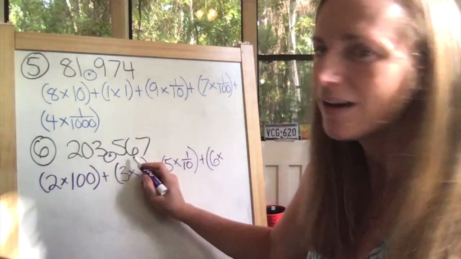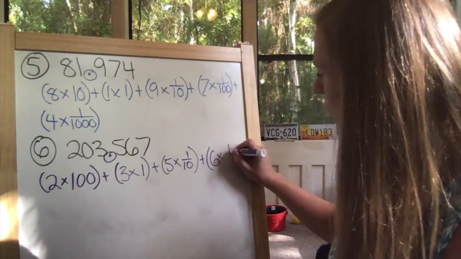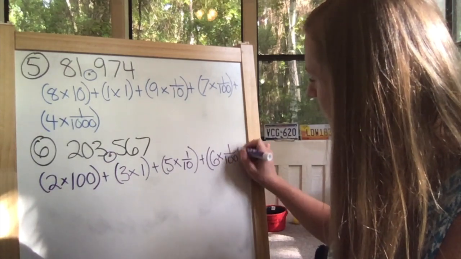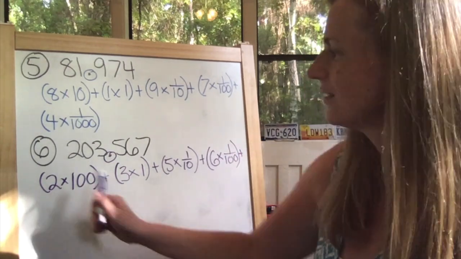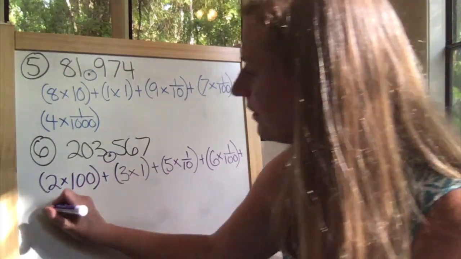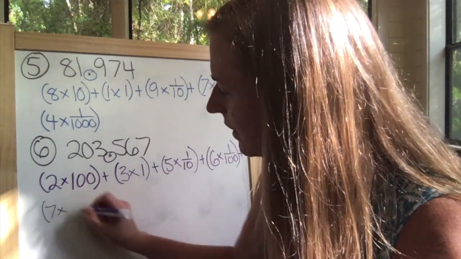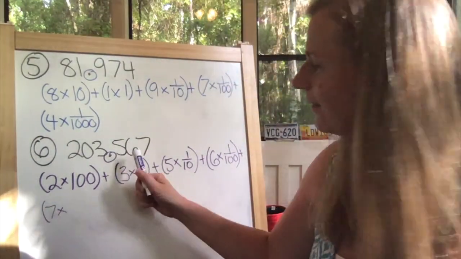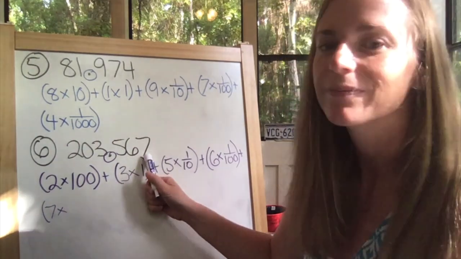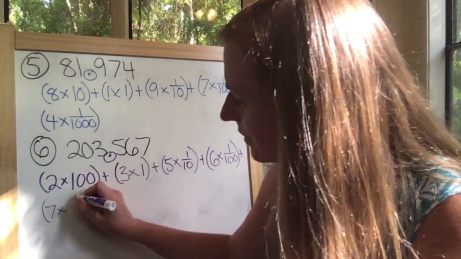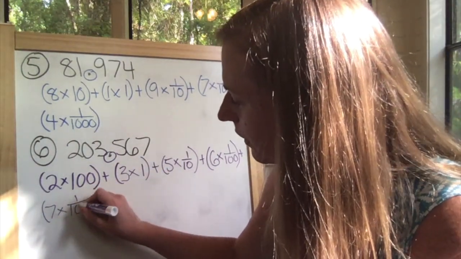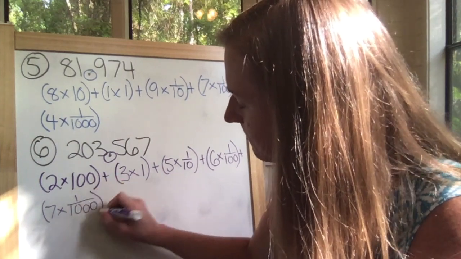6 is in the hundredths place, so 1 over 100, plus, finally we have 7 is in the thousandths place. So again, 1 over 1000.